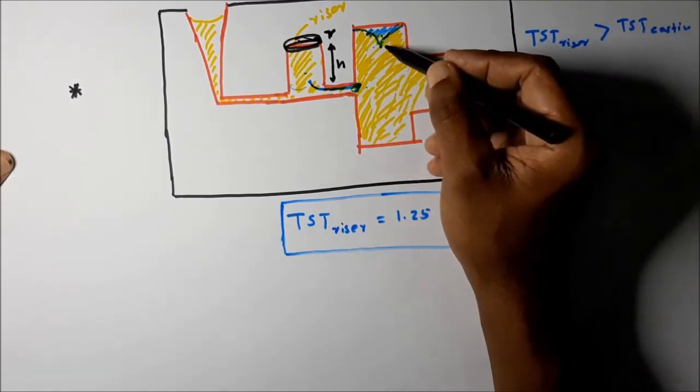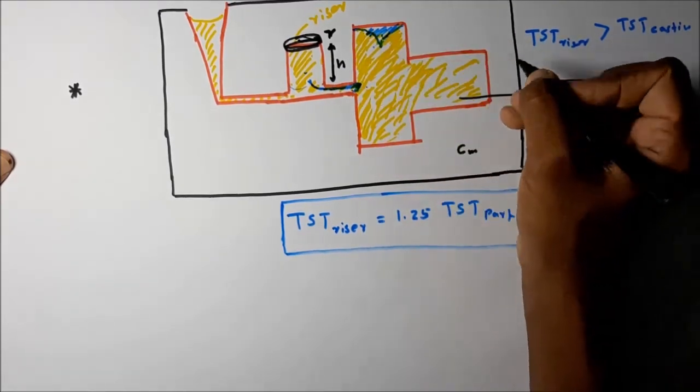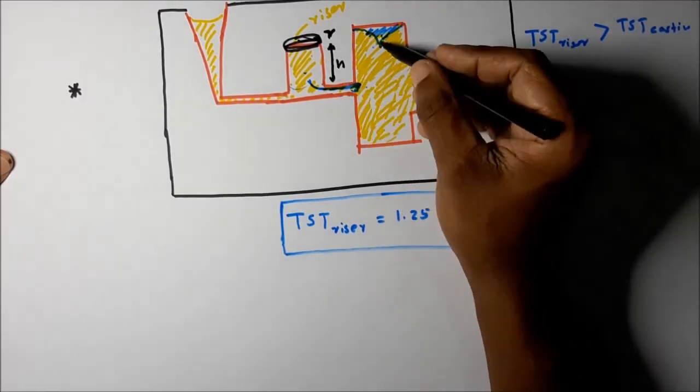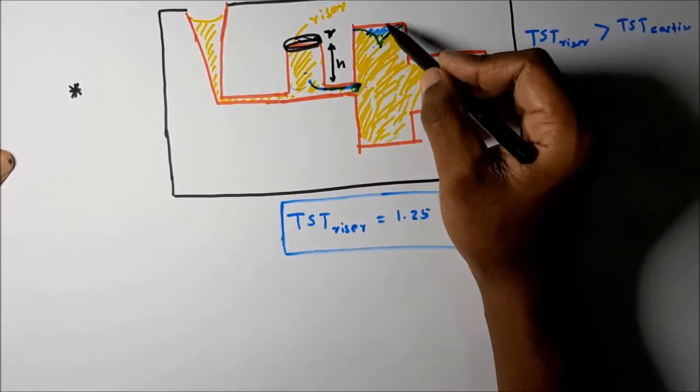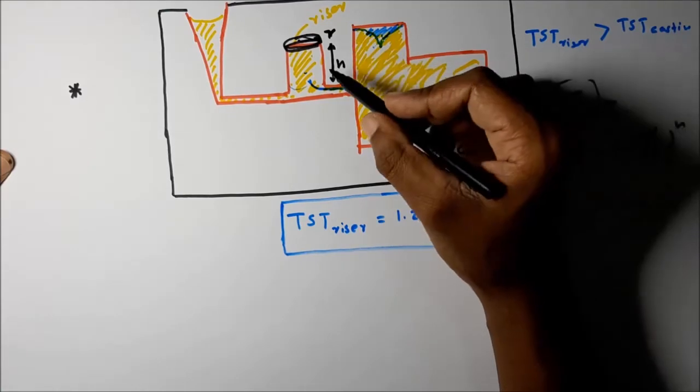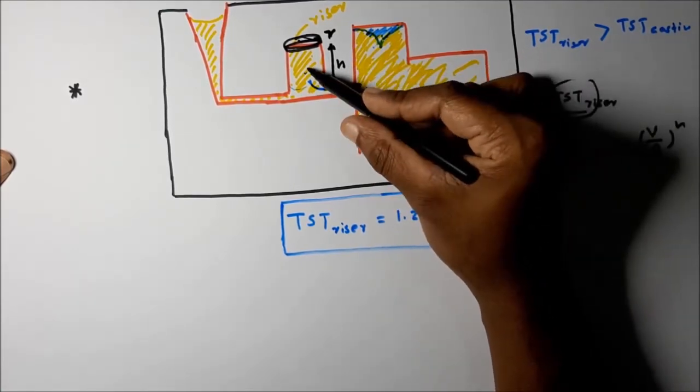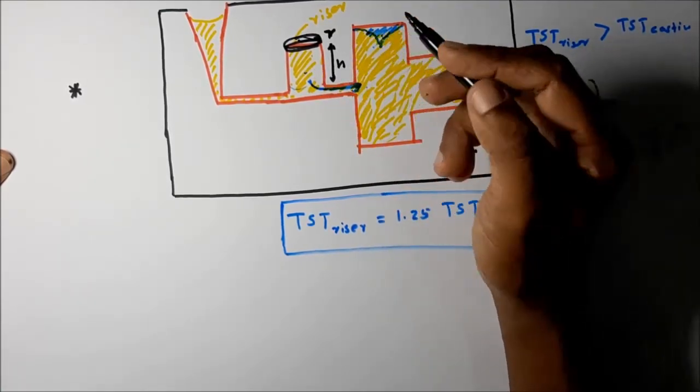Here you can see this riser is placed in a heavy mass area, not here, because larger shrinkage happens in a heavy mass area, so it can easily suck molten metal from the riser because of the shrinkage.